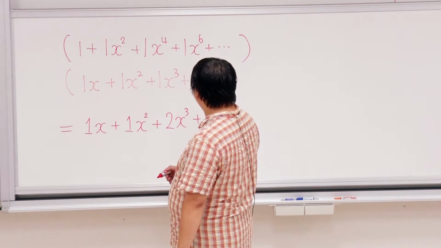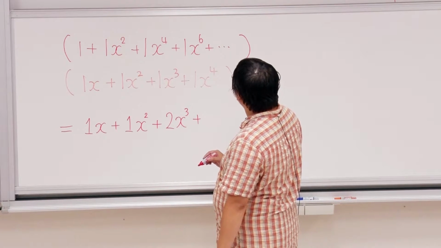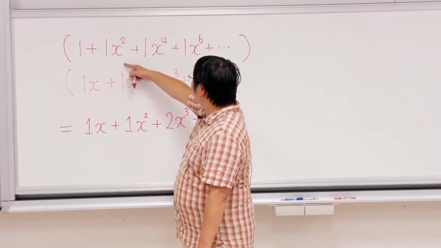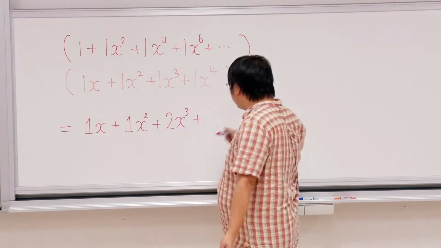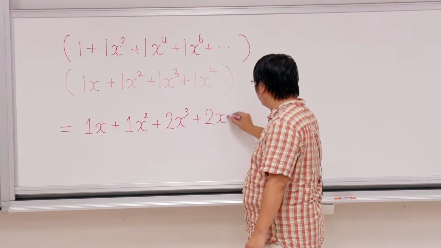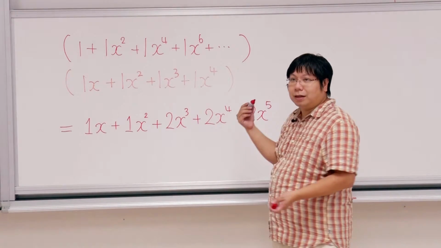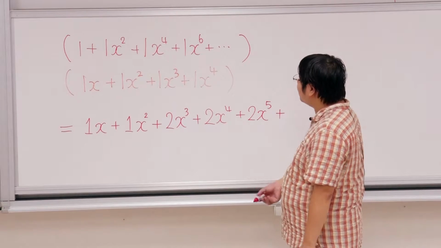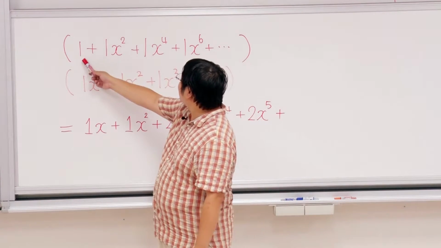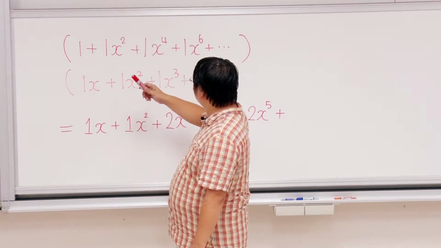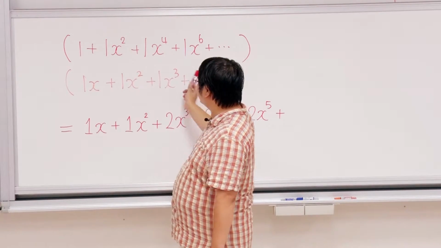To get x^4, you can have 2 and 2, and you can have 0 and 4 to get x^4. So it is 2 times x^4, and then we can have 2 times x^5. x^5 we just did, and then plus how many ways to get x^6? x^6 is 1, 2? No. This one you cannot get x^6 because we have the maximum of x^4.